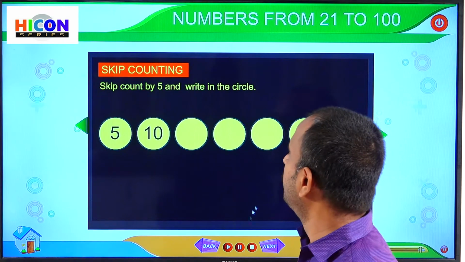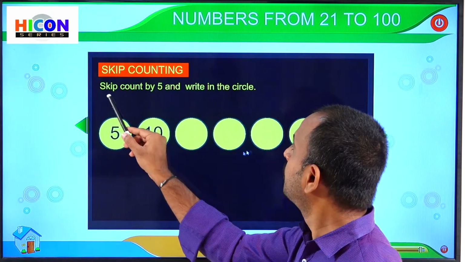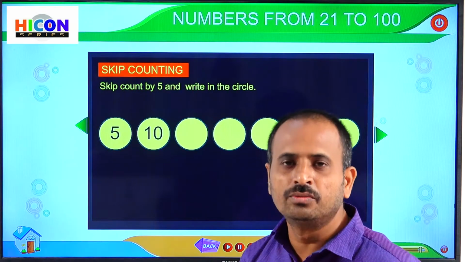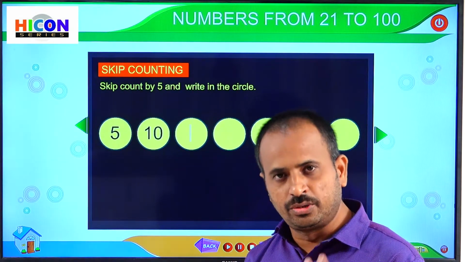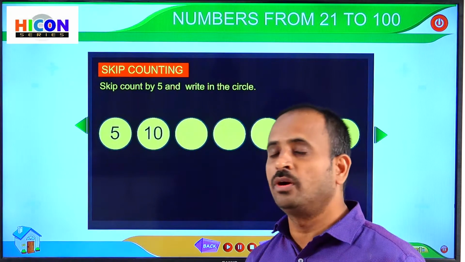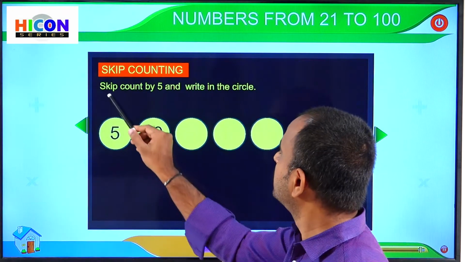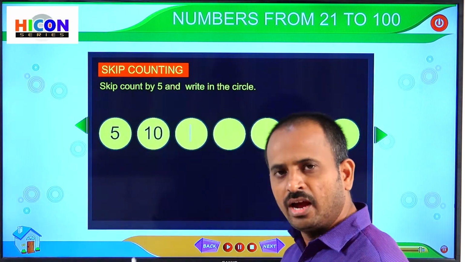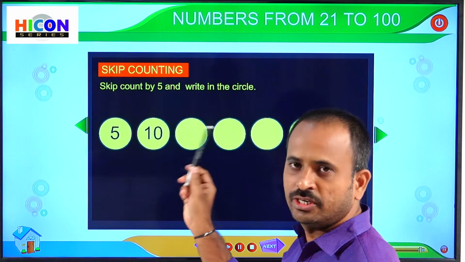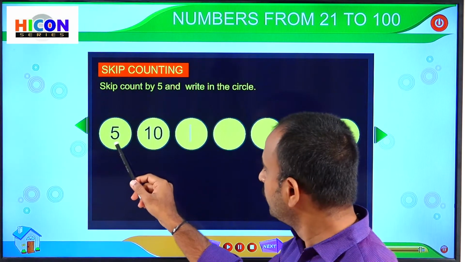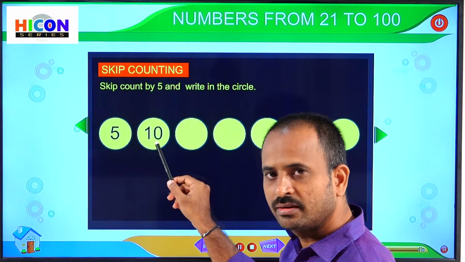Another example for skip counting is skip count by 5. In skip count by 2, we added 2 to each number. In skip count by 3, we added 3 to each number. Whereas in skip count by 5, we add 5 to each number. The first number is 5, and add 5 to 5, you get 10.